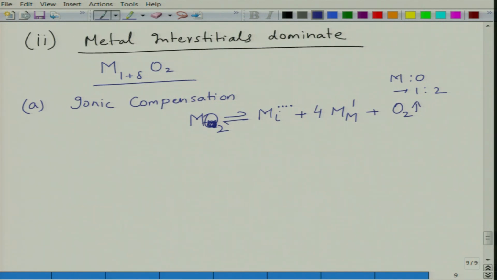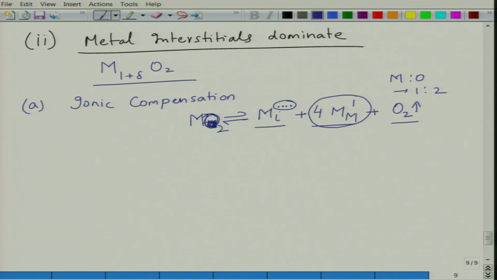You do not create or disturb any site. No site is created, no site is lost, but to accommodate the 4 positive valences, you need to create 4 negative valences in terms of reduction of 4 metal ions.